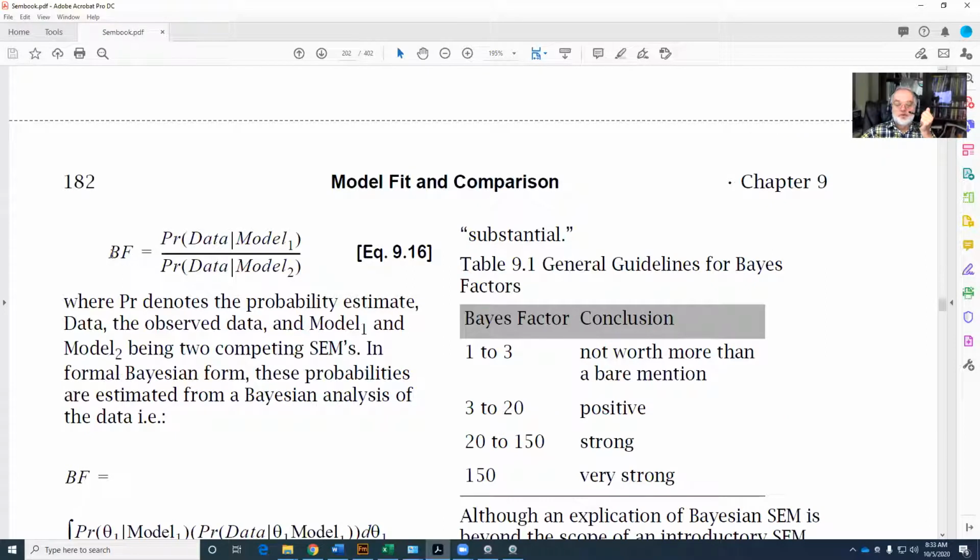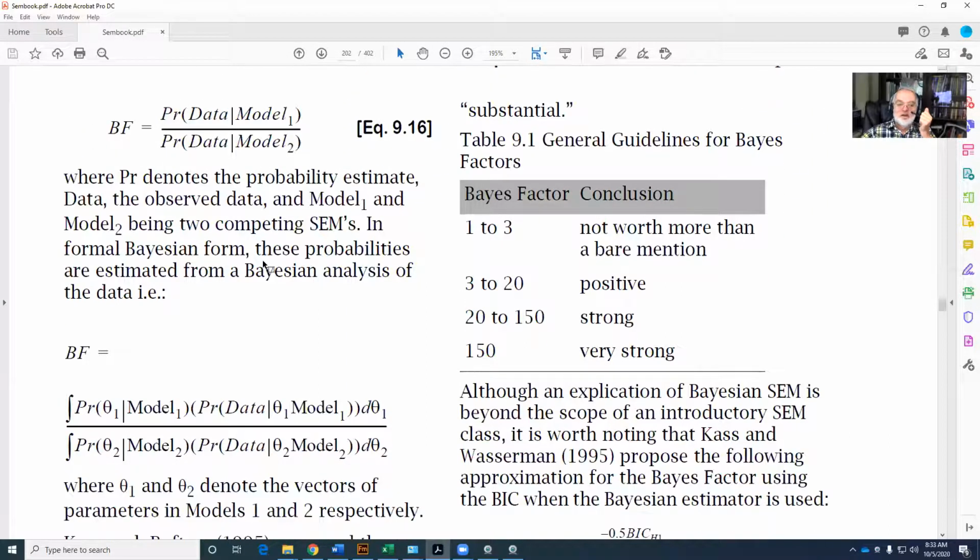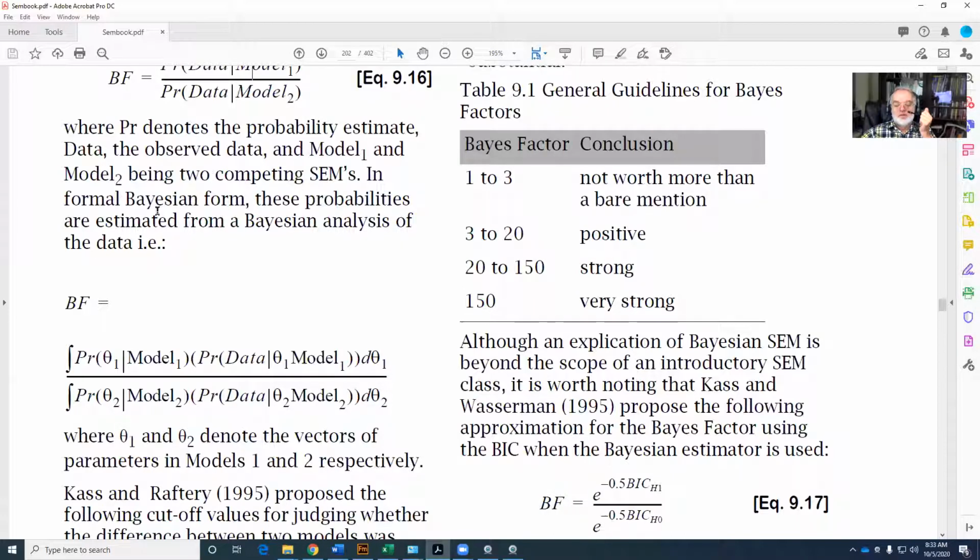The Bayes factor is, generally speaking, the probability that your data occurred given model 1 divided by the probability that your data occurred given model 2. And again, doing a little bit of math here, you can calculate the probability of the data given a model as the probability that your given parameters happen given model 1 times the probability of your data given the parameters in the model.